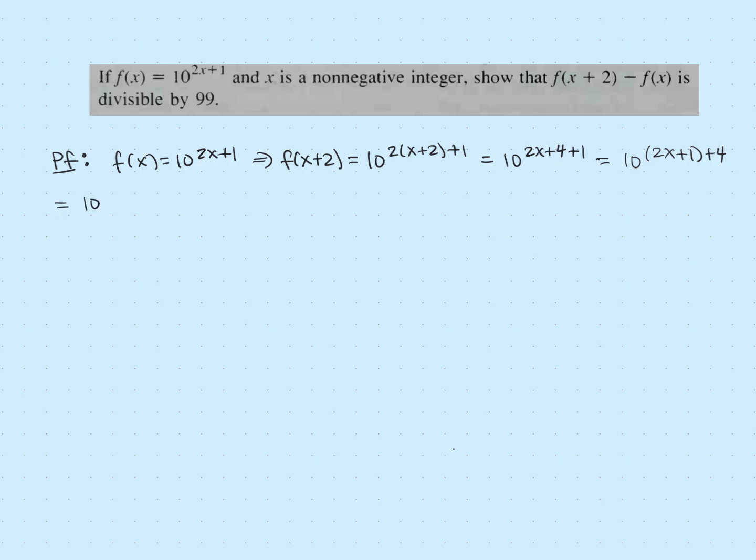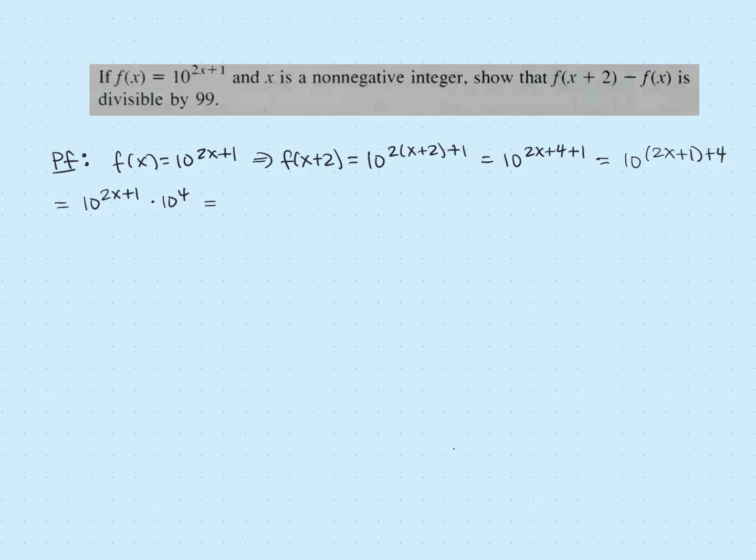So I'm going to use the same base. This is just by exponent properties. This is really 10 to the 2x plus 1 times 10 to the 4th power. And remember, 10 to the 4th power is just 1 with 4 zeros behind it.